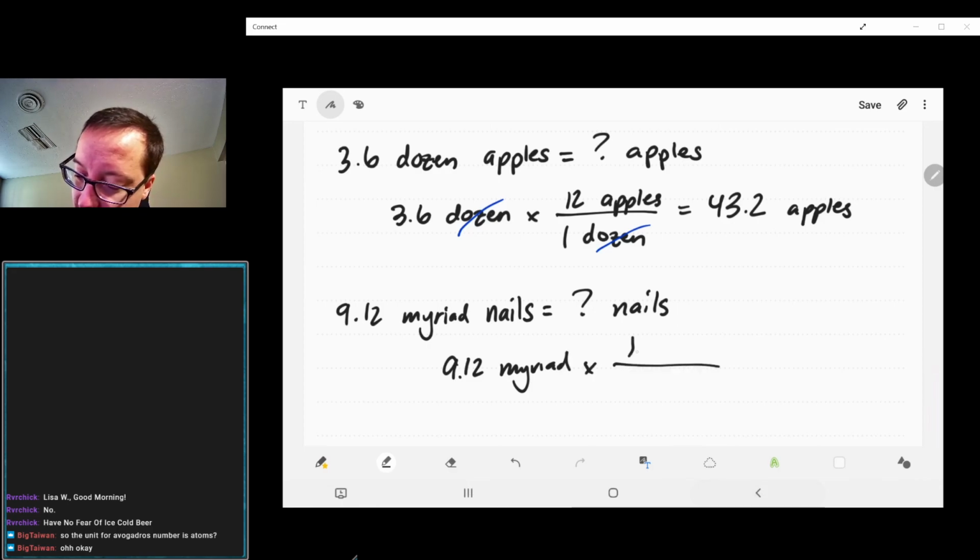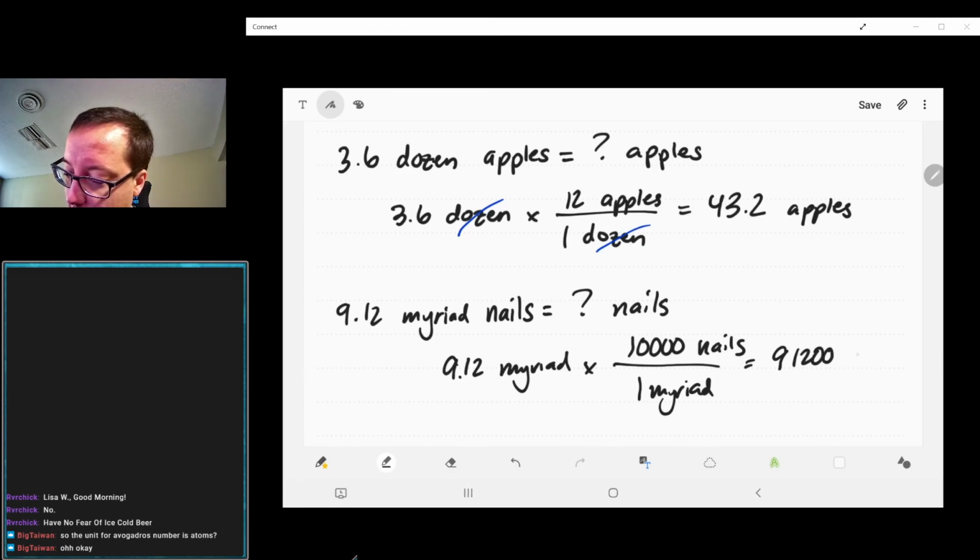We know that we have 10,000 nails for every myriad, and so we have that many nails. Hooray. We have 91,000 nails. But that's how you would do those conversions, right?